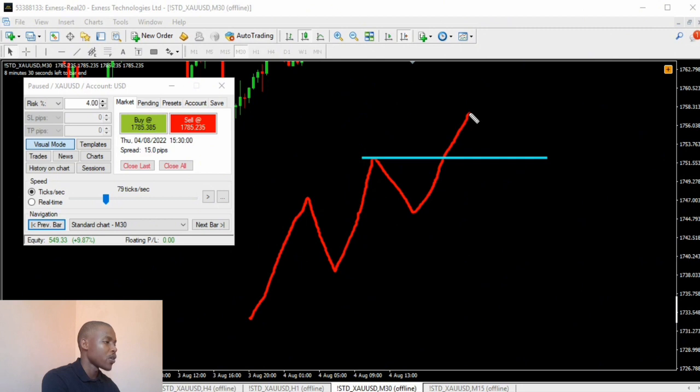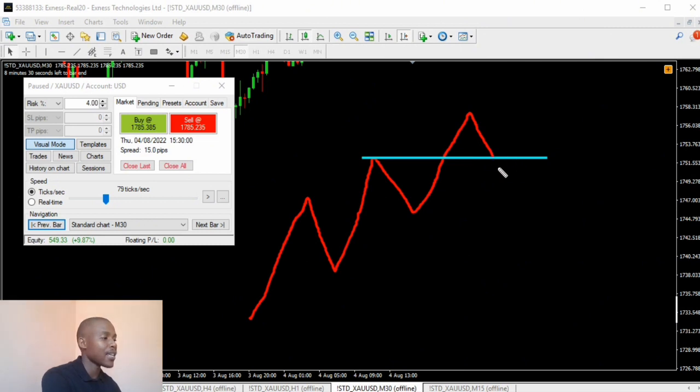When the price retraces like that, that's when the market is going to the downside. When the market is moving with momentum to the downside, we call that supply. Now let me show you. If it moves on like that, we're just gonna wait for price to respect this area of support.